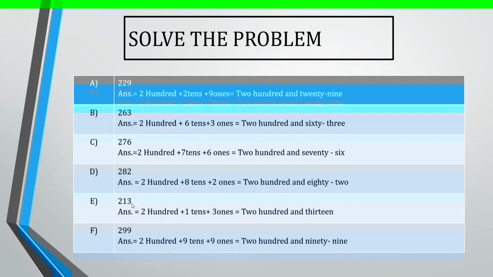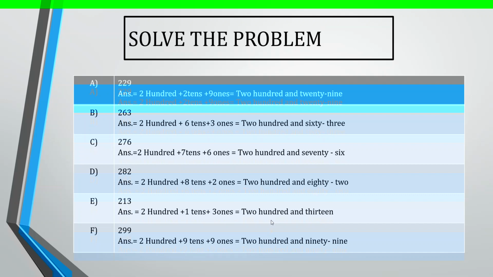Okay, next question. Anyone? Can you read the question? 213. This number is 213. Can you distribute the hundreds, tens and ones? 200 plus 1 tens plus 3 ones is equal to 213. Yes, very good students.